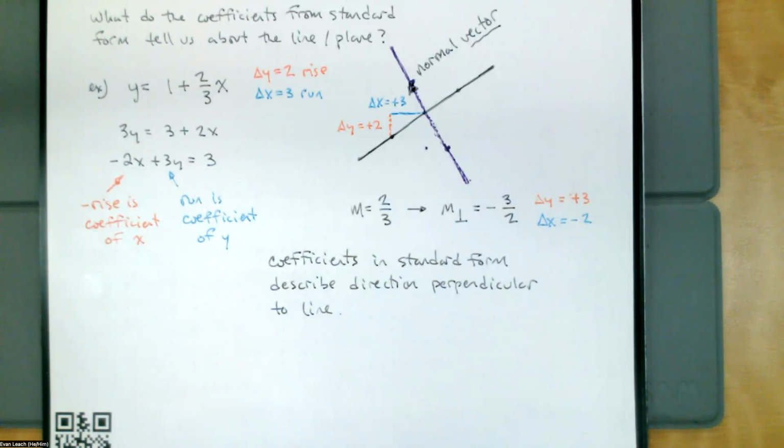We're describing the normal vector. The coefficients in standard form are describing the normal vector.